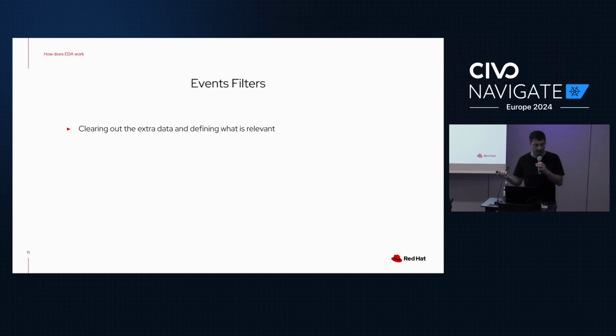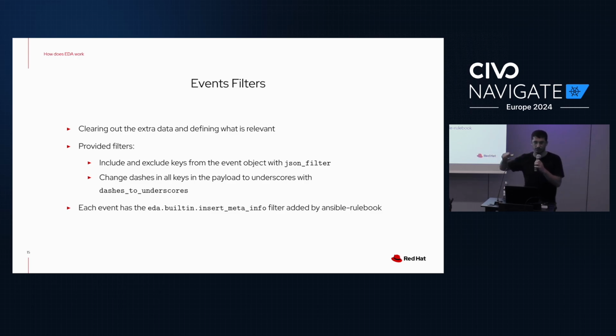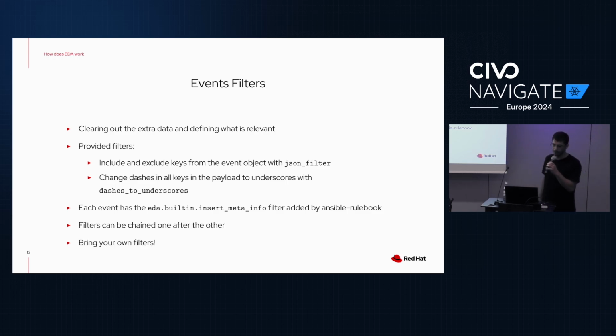We do provide a couple of filters, such as the JSON filter and the dashes to underscores filter. Also, we always, by default at least, put the insert meta info filter, which allows Ansible EDA to add additional context from the source event to the event within Ansible itself. But then obviously filters can be chained, and you can write your own filters if you have specific needs.